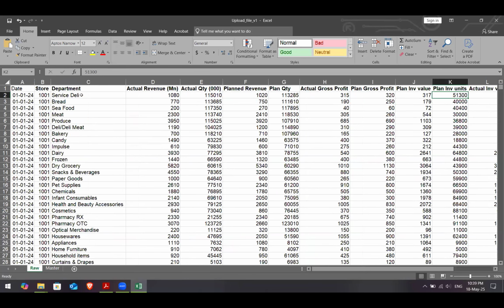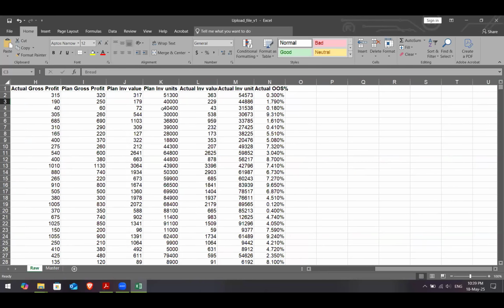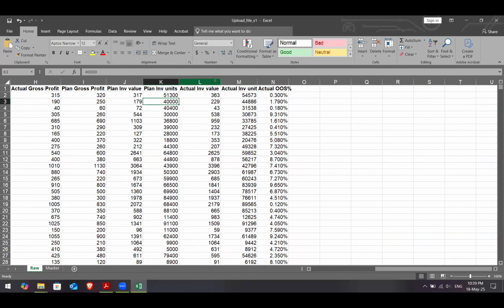If the cost of one bread is like a $5 bread packet and there are 40,000 units, it would be 40,000 into 5. That's where the inventory value comes from. Here also we have planned and actual inventory value. And OS means out of stock, so the out of stock percentage.